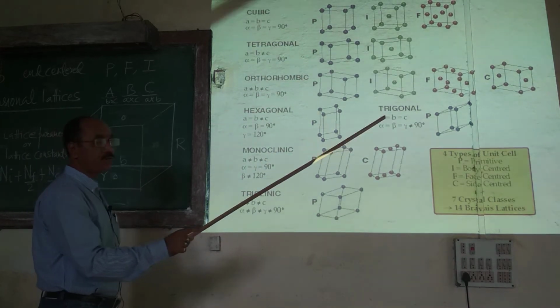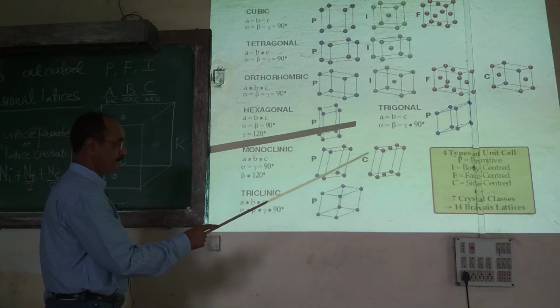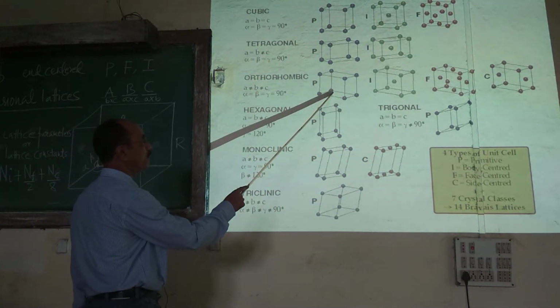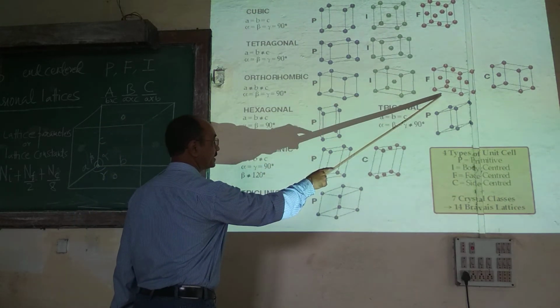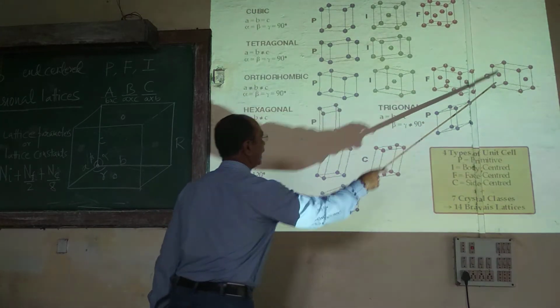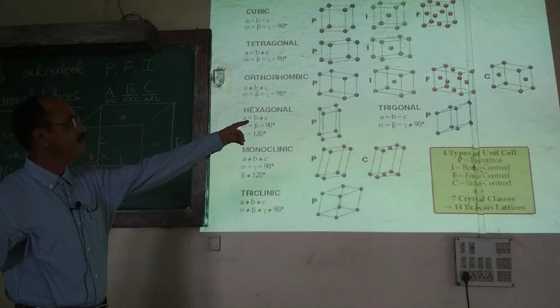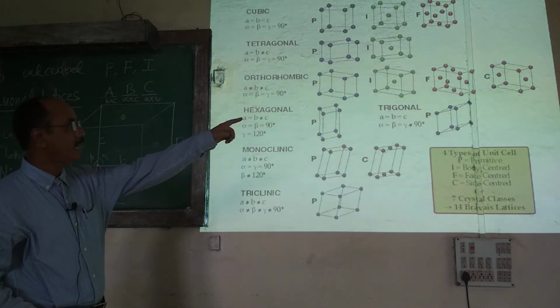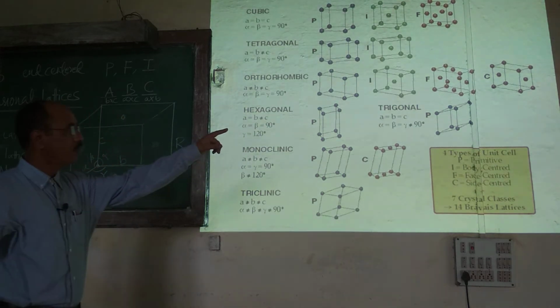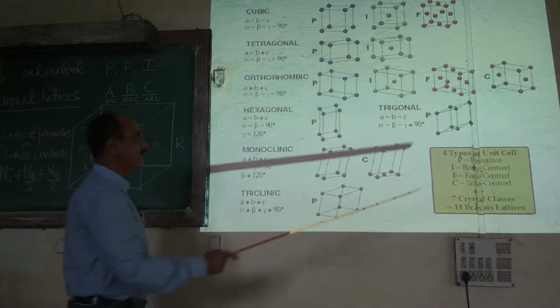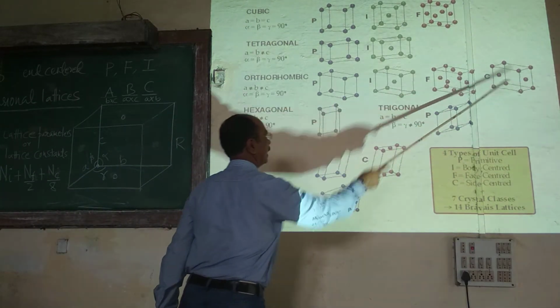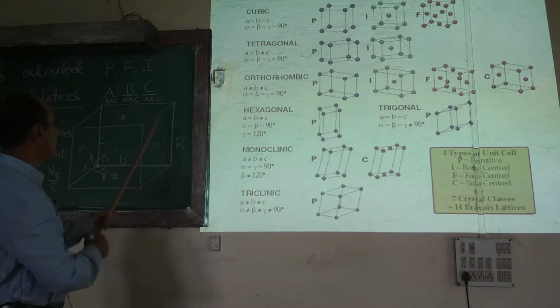So it has four Bravais lattices: simple orthorhombic, body centered orthorhombic, face centered orthorhombic, and end centered orthorhombic. It is represented by C. I hope you understood the meaning of C. C is the end centered unit cell.